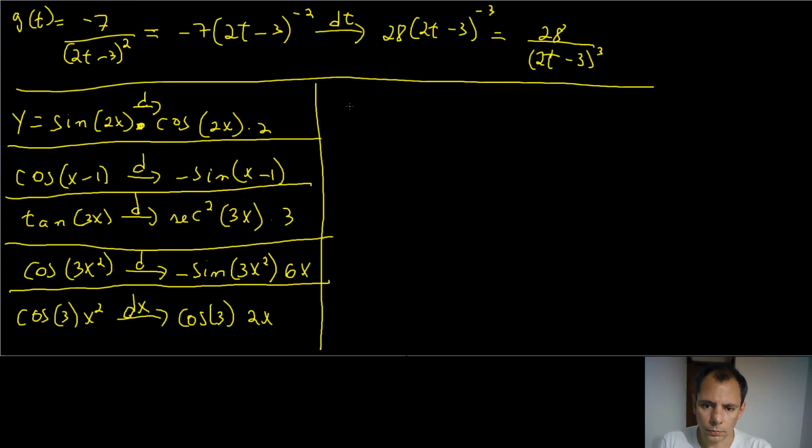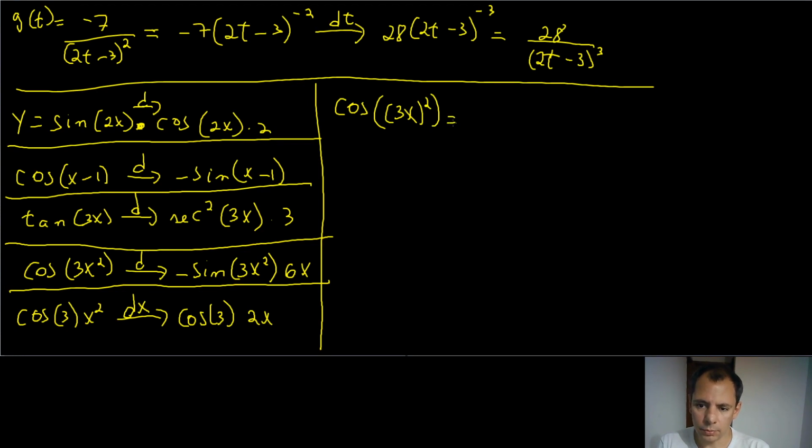Okay, here we have the cosine of 3x squared. Now, it's not the cosine squared of 3x, it's the cosine of 3x squared.